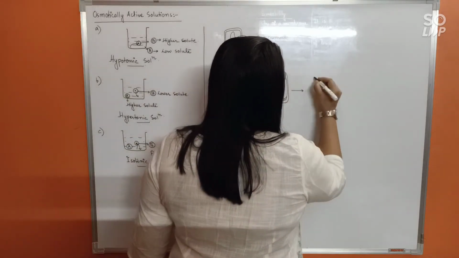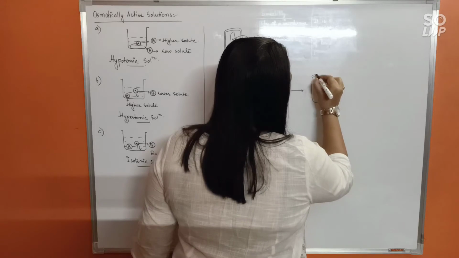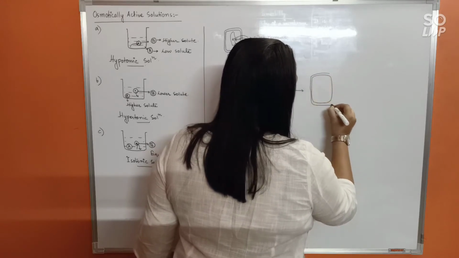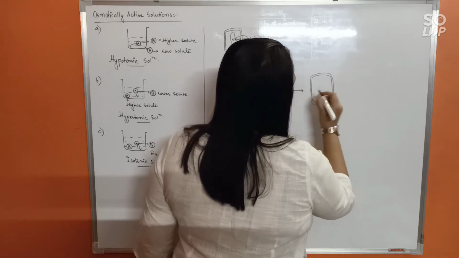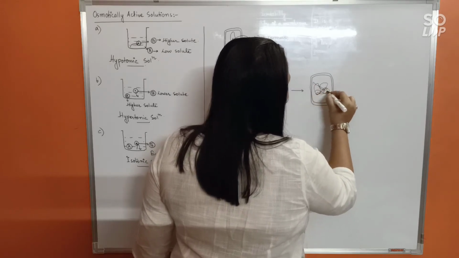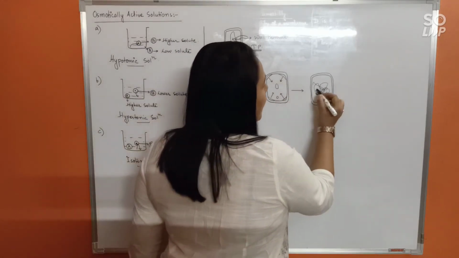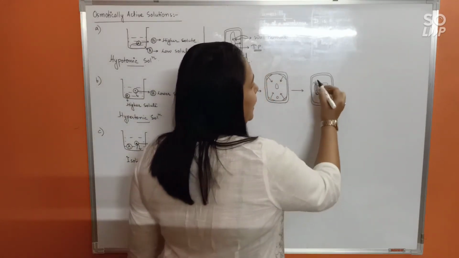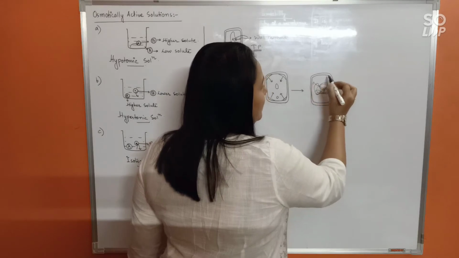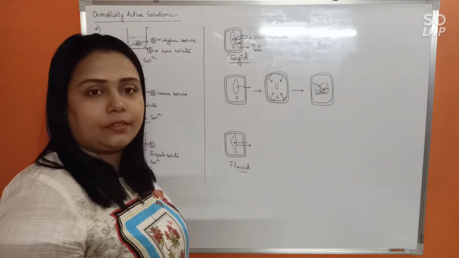Eventually, the whole protoplasm will shrink. The whole protoplasm will shrink and it will gather at the center of the cell, and these gap areas will be filled up with the hypertonic solution itself.